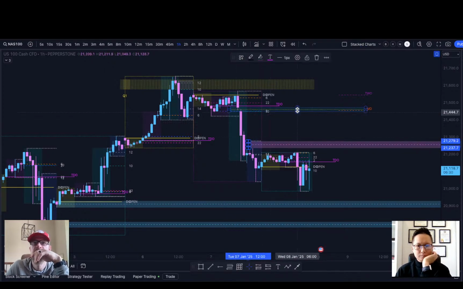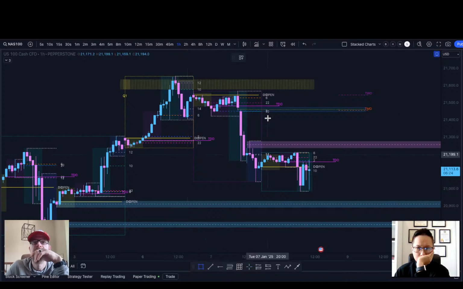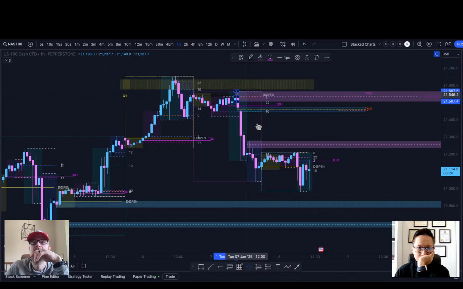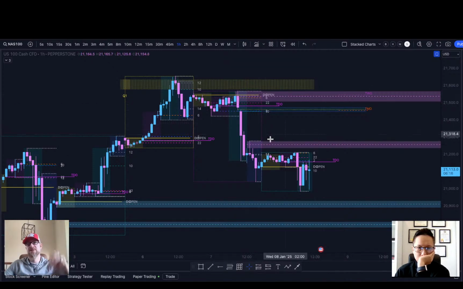So that's kind of what I see here. There's a flip zone here too that's not mitigated, but this made it almost there. And if it's going to get here, why not get the imbalance, take the POC, you know? Mm-hmm.